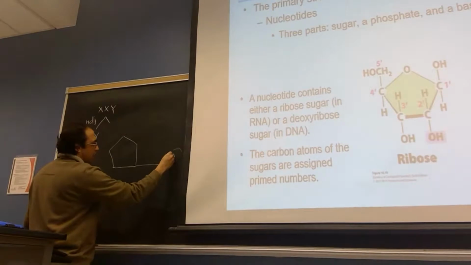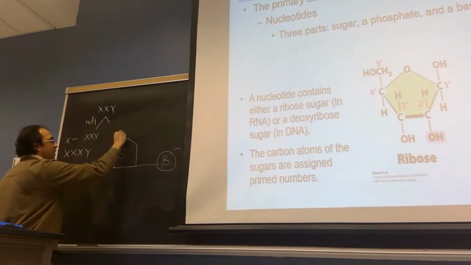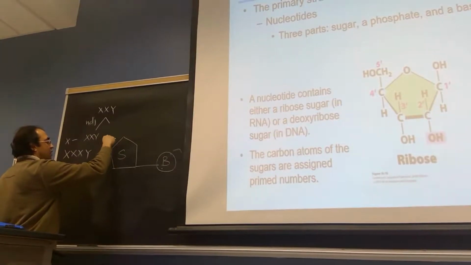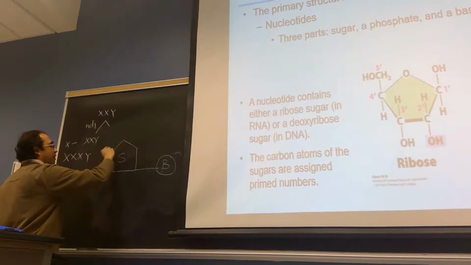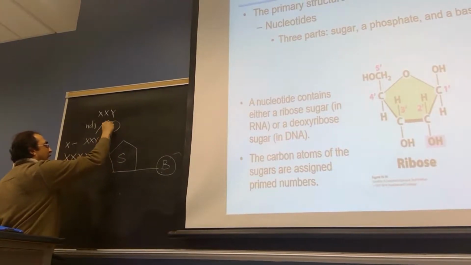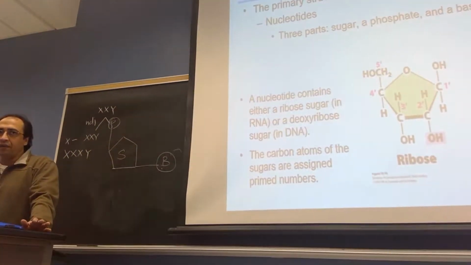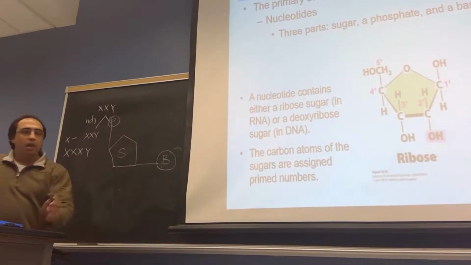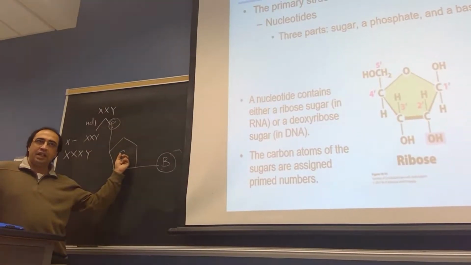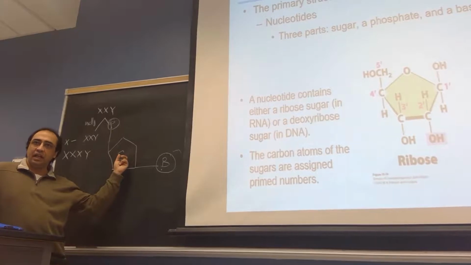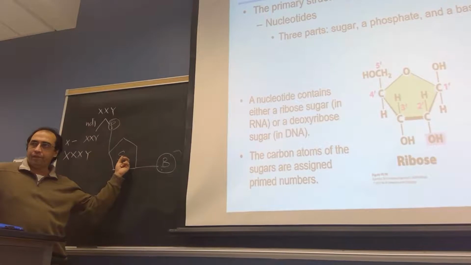With this pentose sugar, one base is attached, and here is one phosphate group. This is the basic structure of DNA and RNA. Based on the difference between these sugars, if this is deoxyribose sugar, then it is DNA. If it is ribose sugar, then it is RNA. Okay.